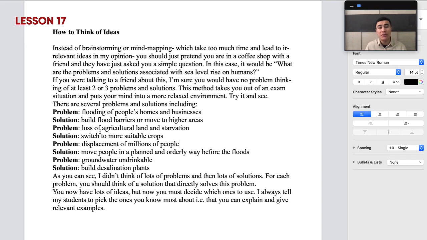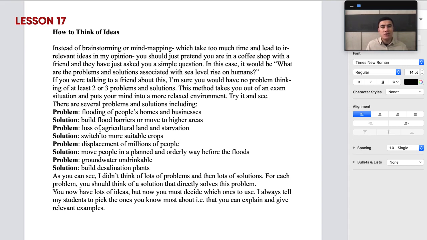Okay, next problem, groundwater undrinkable. Okay, solution, build desalination plants. Okay, as you can see, we don't have a lot of ideas regarding problems and solutions. So, for each problem, you should think of a solution that directly solves this problem.